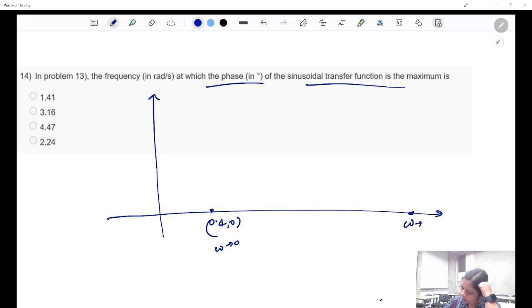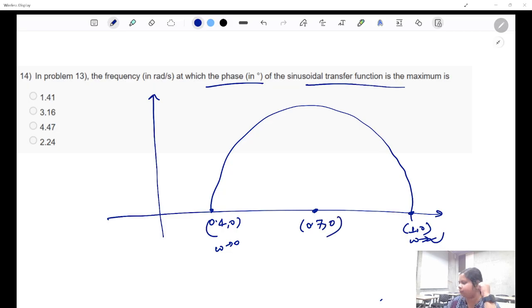It was 1 comma 0 for omega tends to infinity, and then there was the circle with the center at 0.7 comma 0, right? We want to know the frequency at which the phase of the sinusoidal transfer function is maximum. When would the phase be maximum? When the line originating from the origin would be the tangent to the circle.